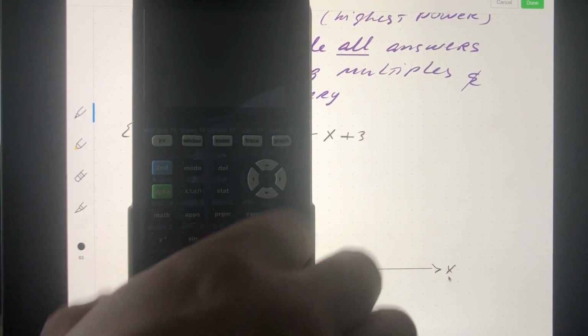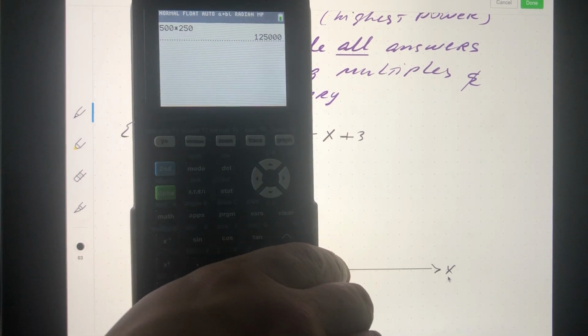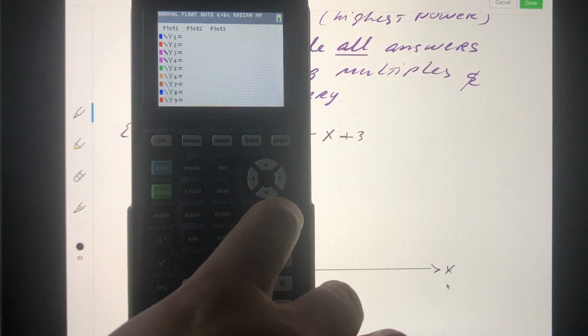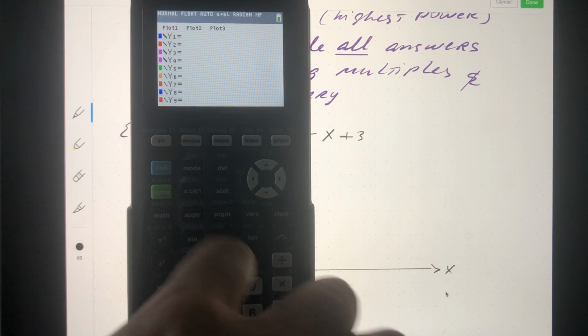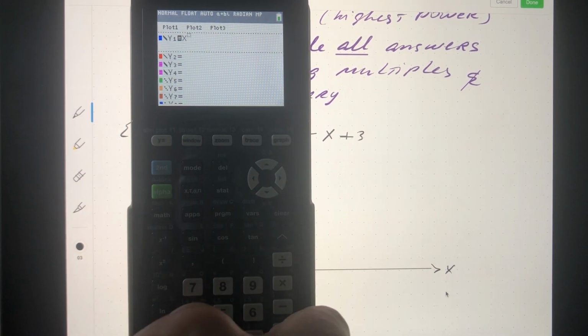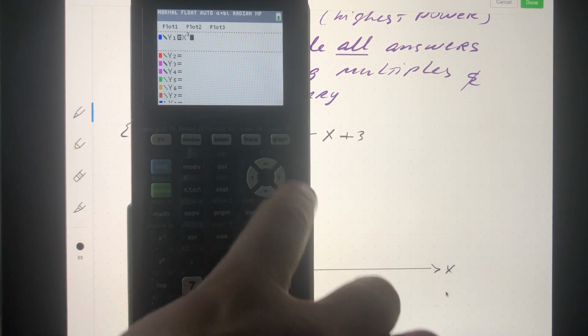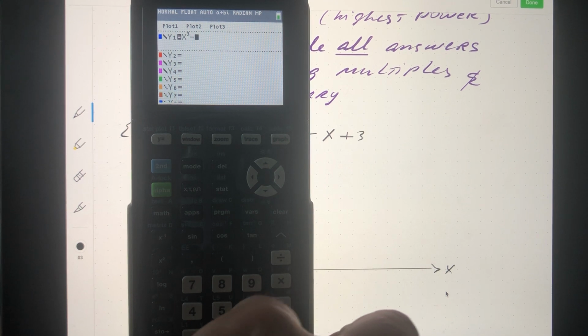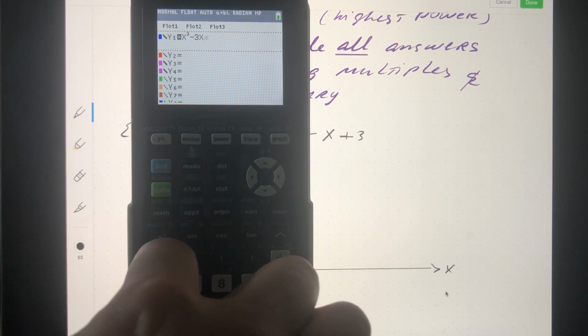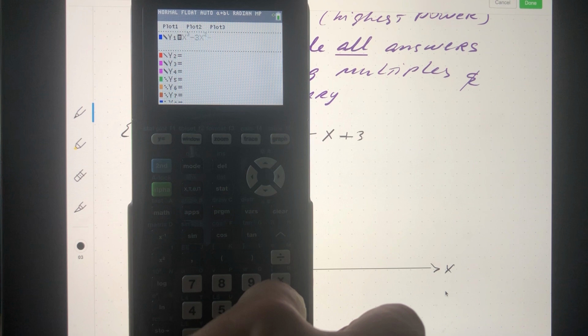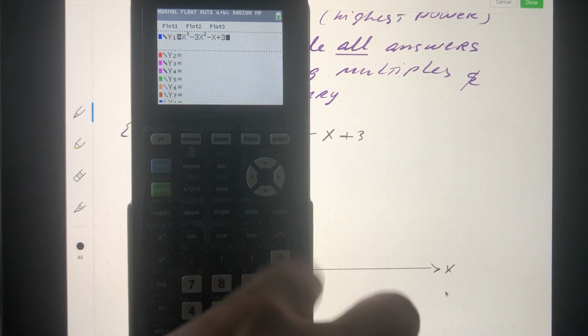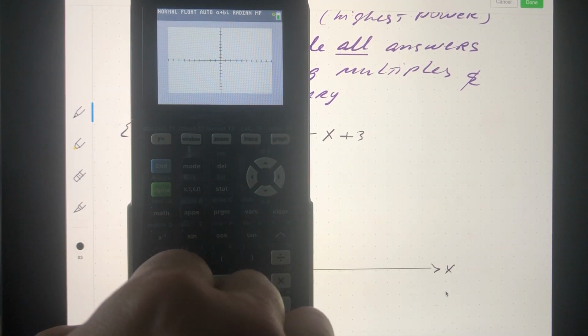Now here is the calculator, and let's type in the equation: x to the power 3, and then minus 3x to the 2 minus x plus 3, and here's the graph.